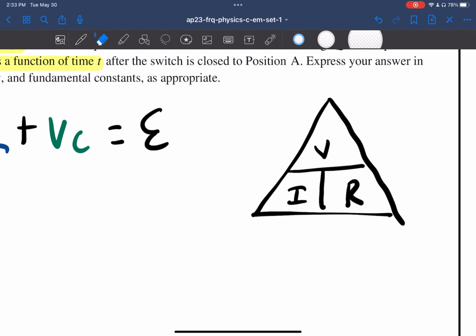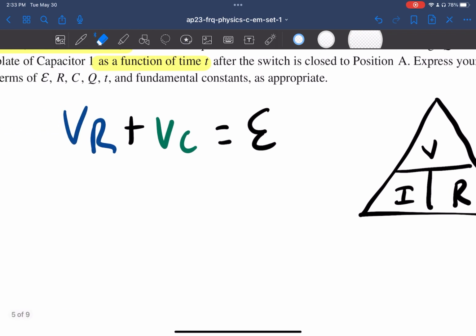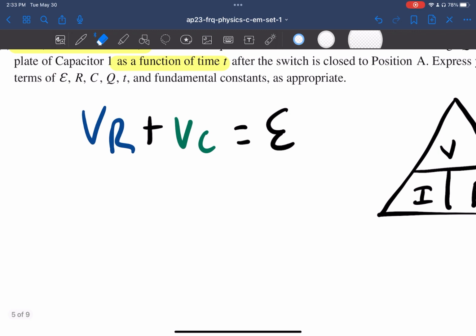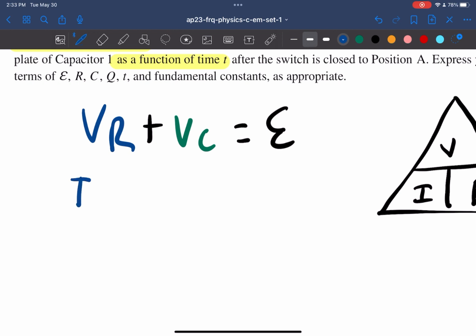Now that we have the equation of the voltage of the resistors plus the voltage of the capacitor equals the voltage of the battery, we can substitute for the voltages. For the voltage of the resistors, we will substitute in I times R over 2 from Ohm's law. Remember, it is R over 2 because we have two resistors.